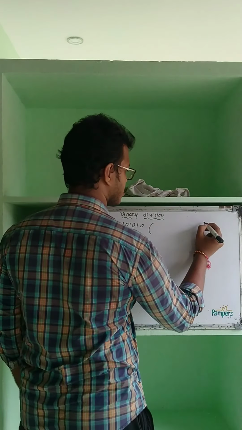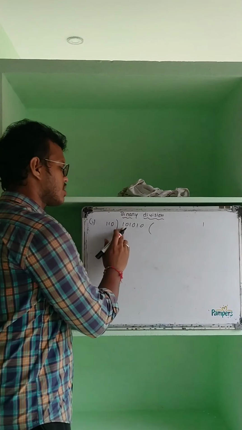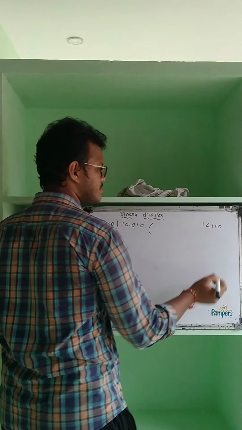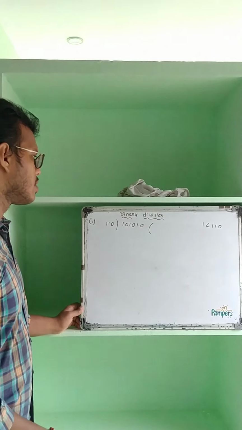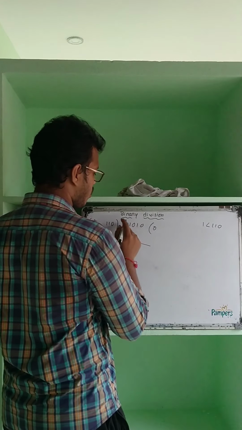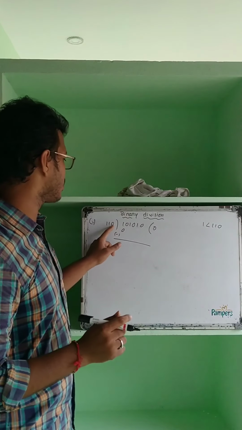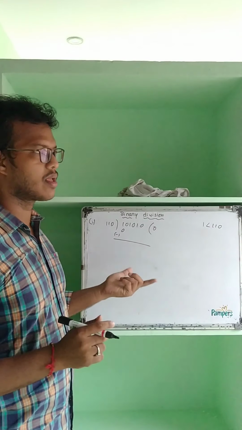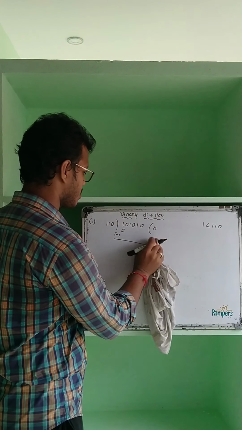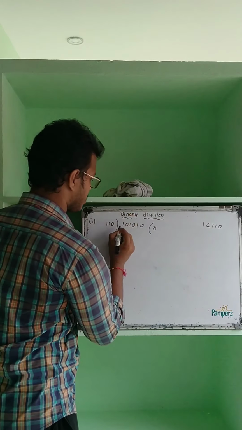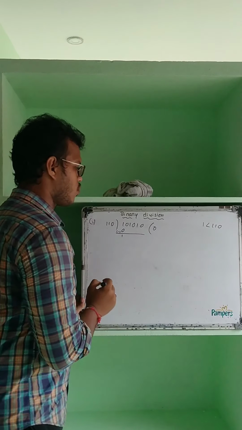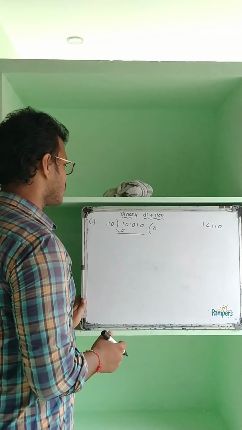1 is here, first check. 1 is less than 110. So write 0 here. 110 multiplied by 0 gives 0, right? So 1 minus 0 is 1, right?